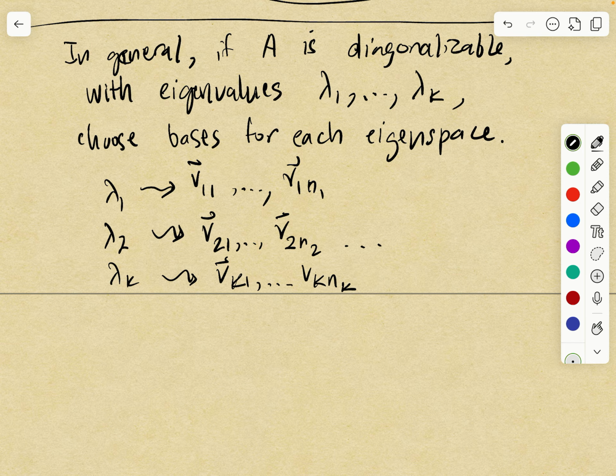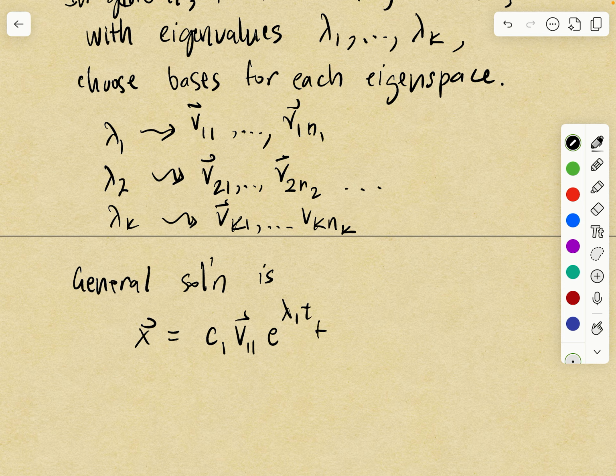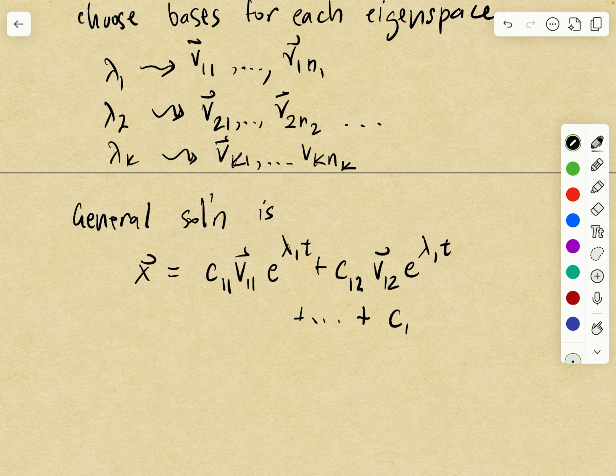The point is that you choose a basis for each eigenspace, and then the general solution is x equals c11 v11 e to the λ1t plus c12 v12 e to the λ1t plus dot dot dot plus c1n1 v1n1 e to the λ1t.